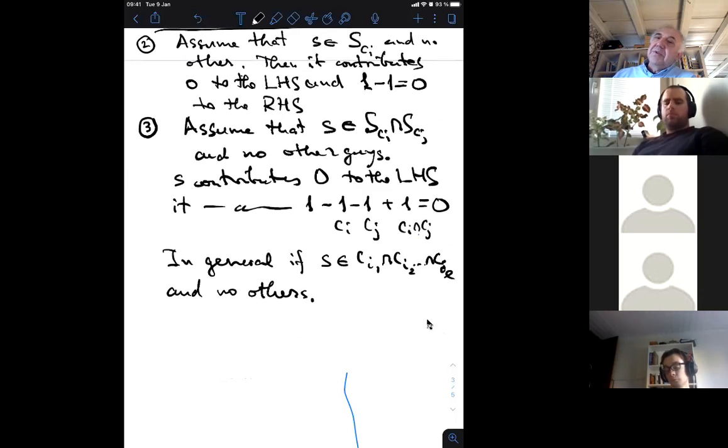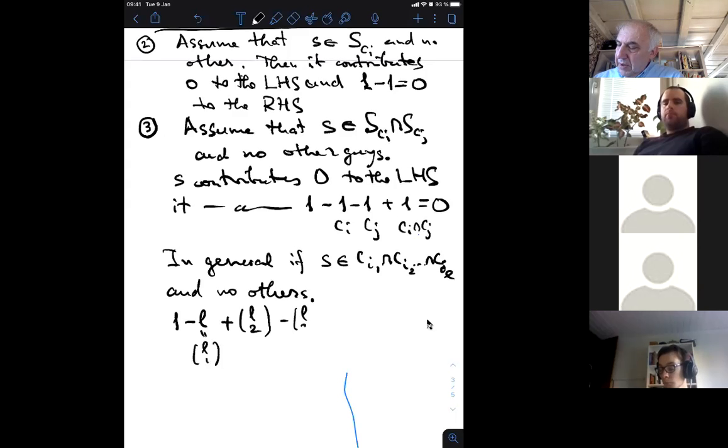It still contributes 0 to the left-hand side, and now it contributes 1 minus L choose 1, plus L choose 2, because it appears in that many pairs, minus L choose 3, plus, and so on, plus -1 power L, 1 again.